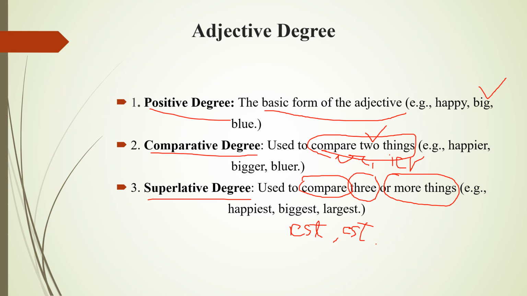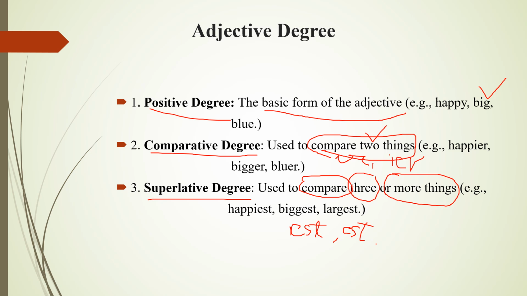So in superlative degree, the comparison is made among three or more than three things or persons. Suppose I have to make a sentence in superlative degree, then what will I say? I will say I am the happiest person on the earth. So here you see that I am making a comparison among all. I am neither making it in one or two. I am saying that I am the happiest person. There is no comparison with my happiness.